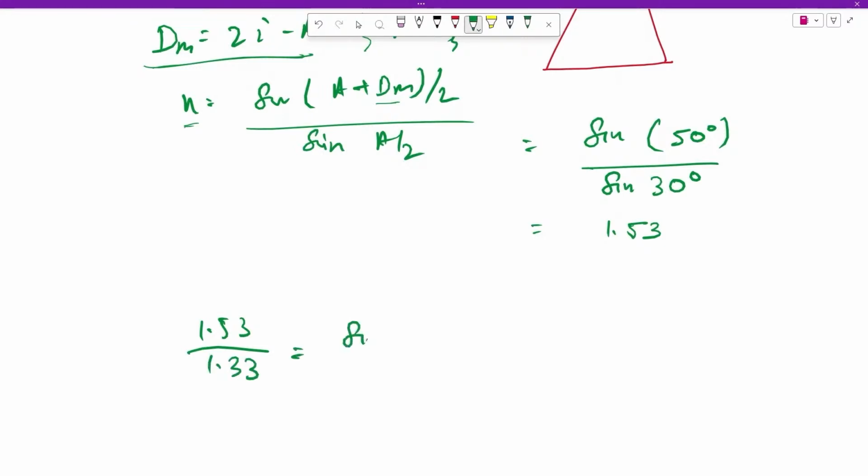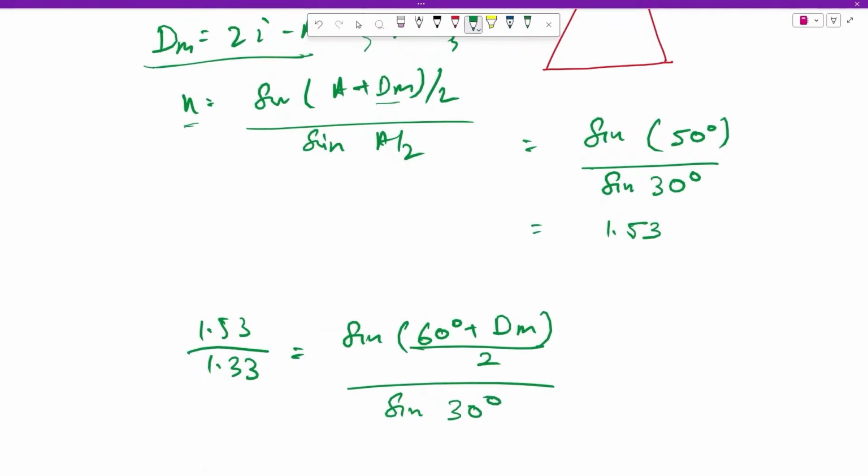This will equal sine of (A plus dm) by 2, where A is constant because the prism is the same, that is 60 degrees, plus dm, which we have to find out. So dm will be unknown, all by 2, divided by sine of A by 2, that is 30 degrees. Now after solving this, we come to the conclusion that dm is equal to 10.32 degrees.